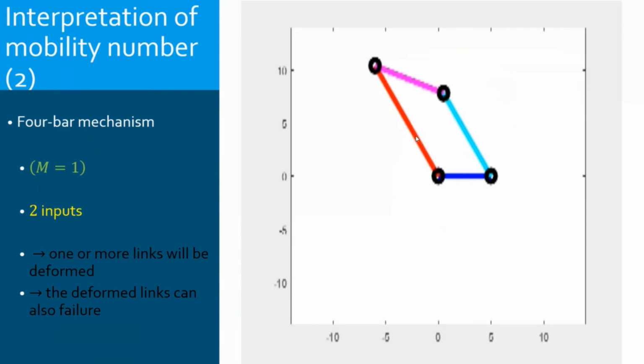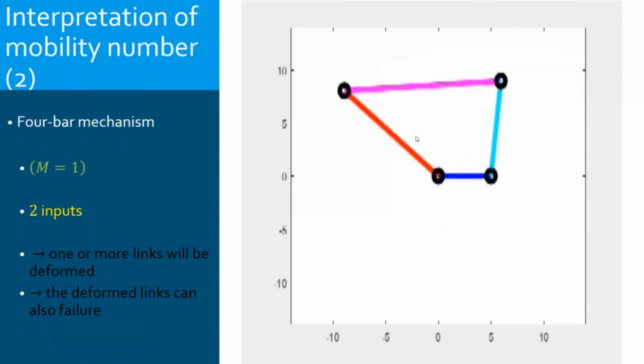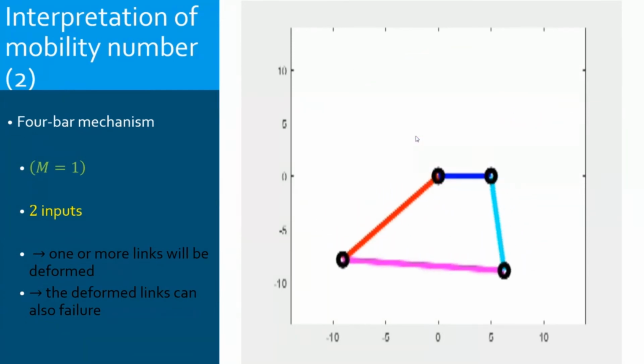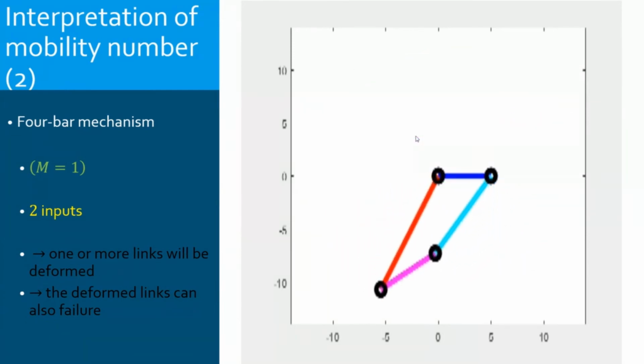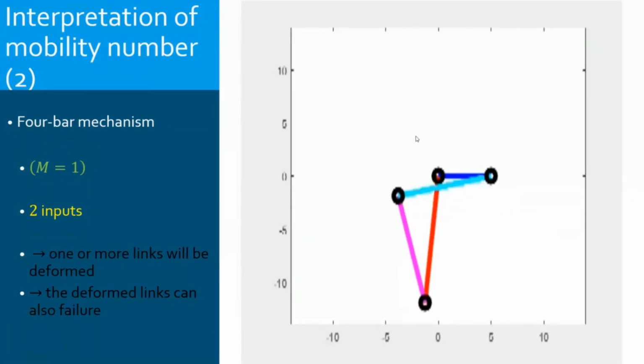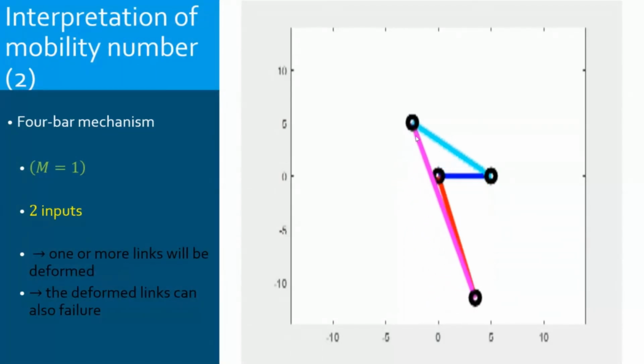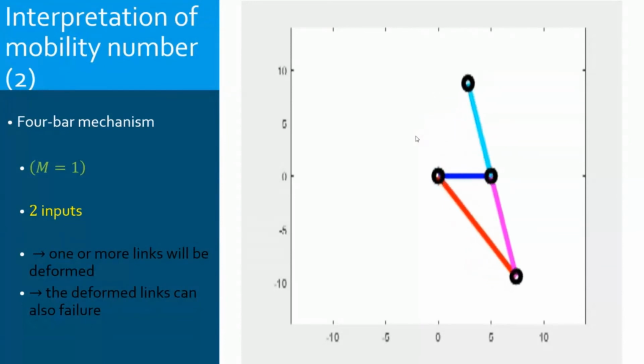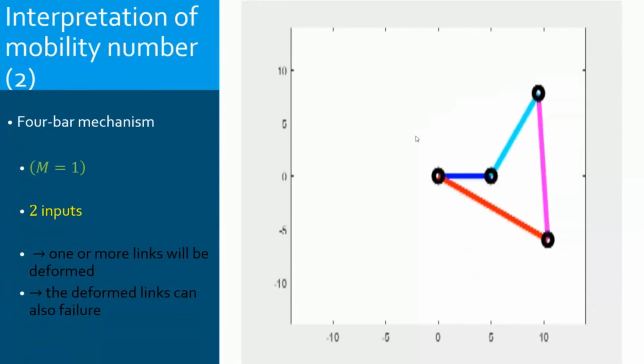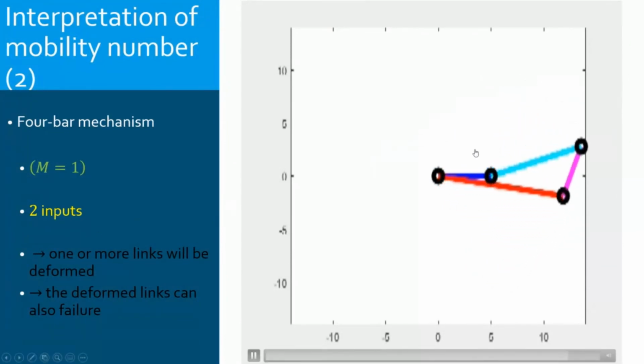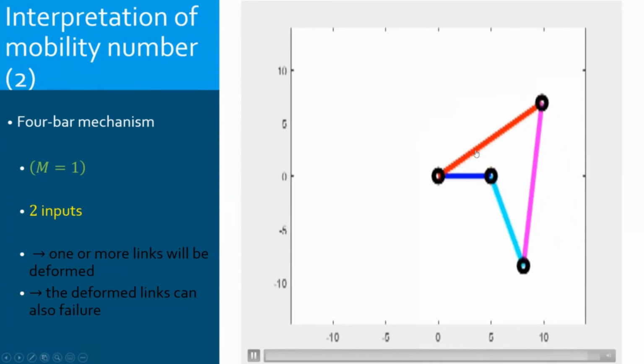So when designing a mechanism, you need to be aware of its mobility. If you have a 4-bar mechanism and you control 2 links, you will break your mechanism.